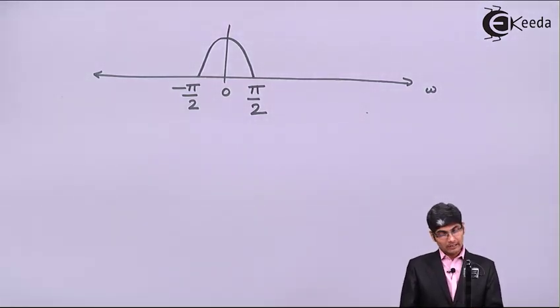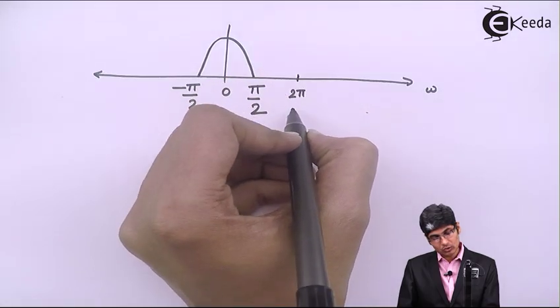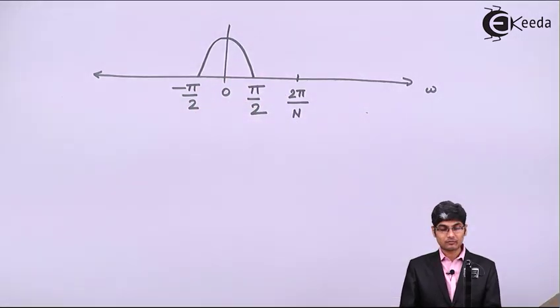Then I will shift the first filter to, let's say, 2 pi by n. So the first point will come at 2 pi by n.